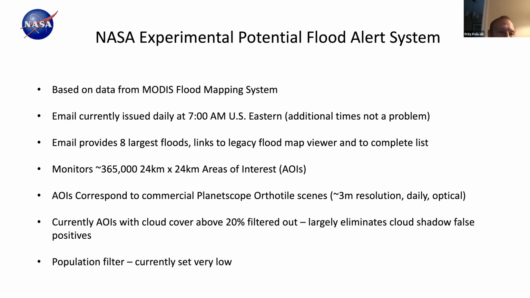Currently, just for a very, very limited audience and very recently, I'm issuing an email every morning at 7 a.m. US Eastern time, which is not locked in stone. Of course, we could produce that as the data comes in throughout the day, or we can pick a different time for somebody that might wake up at a different time of the world and can produce these emails. In the email, I just put the 8 largest floods, but I also link to the complete list.